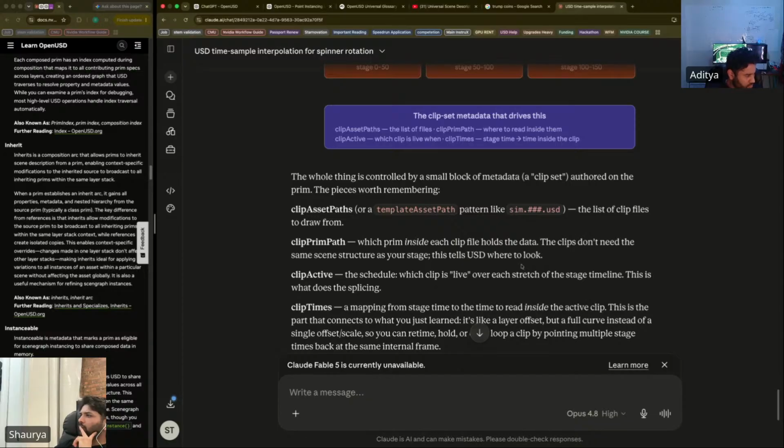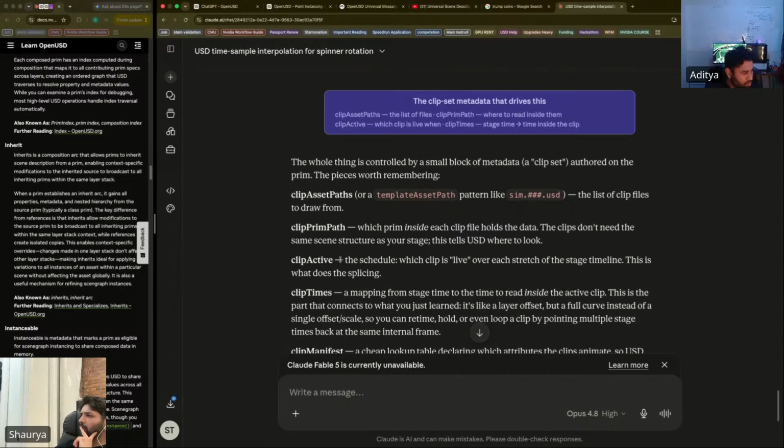Okay, clip active, the schedule: which clip is live over each stretch of stage time. This is what does the splicing. Okay, clip active is what decides what clip plays at what time.